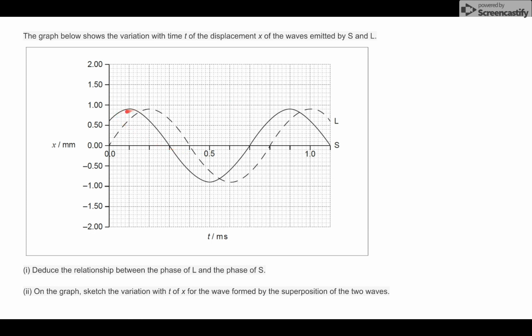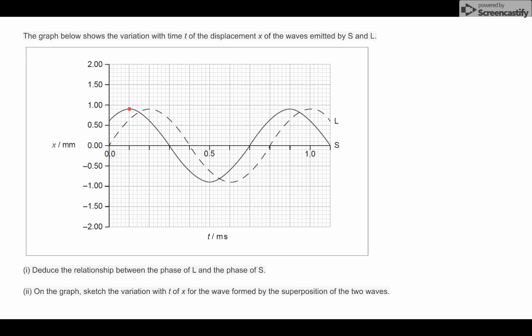How much time is wave S using to lead wave L, and how does that compare when we want to convert that to degrees or radians, or whichever unit of circle angle we're using for the circle.